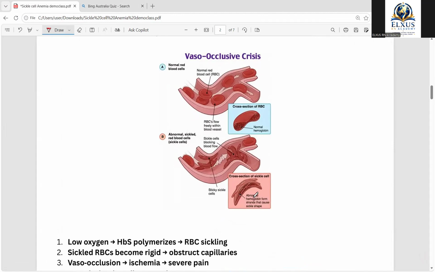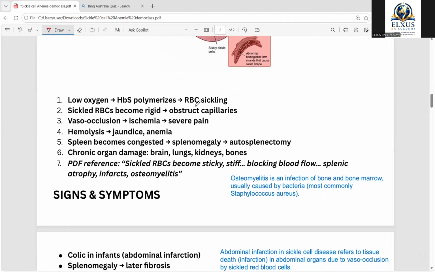That means the normal HbA will be low, and the abnormal hemoglobin, that is HbS, will be higher. So it can lead to vaso-occlusive crisis. Mainly the sickling of the RBC causes what? Low oxygen, because this HbS, or hemoglobin S, will polymerize, which can lead to sickling of the RBC.